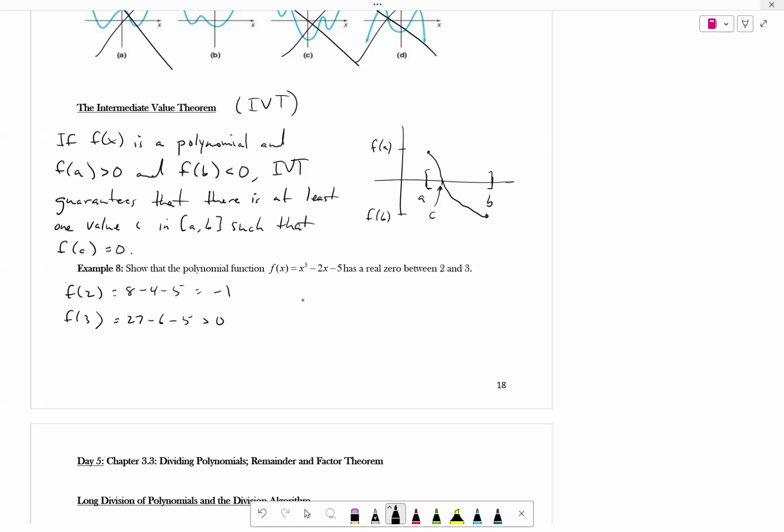Okay, so show that this polynomial has a 0 between 2 and 3. Have we finished? We finished conceptually, but we have to say the words.